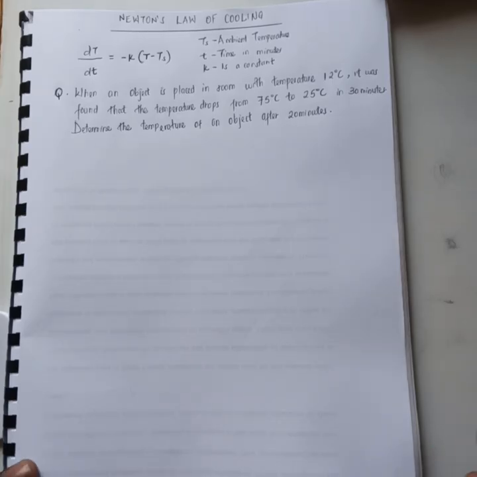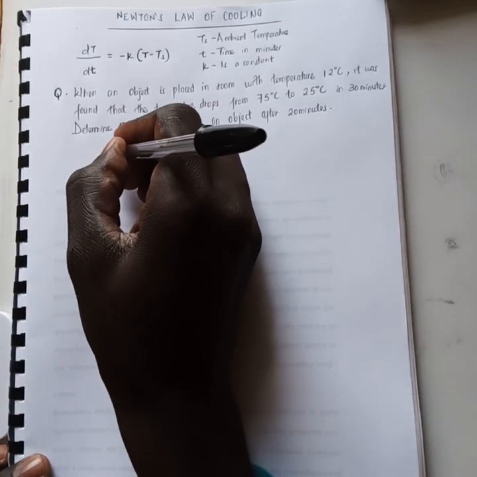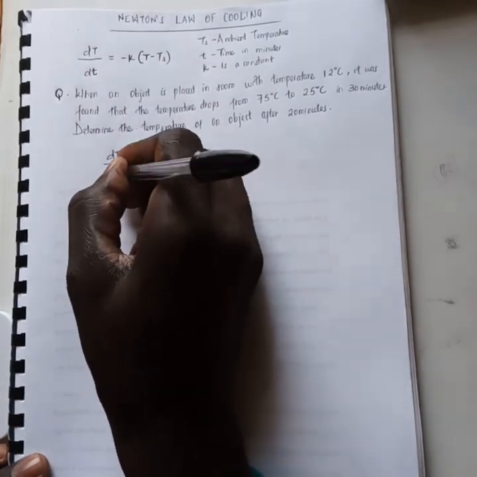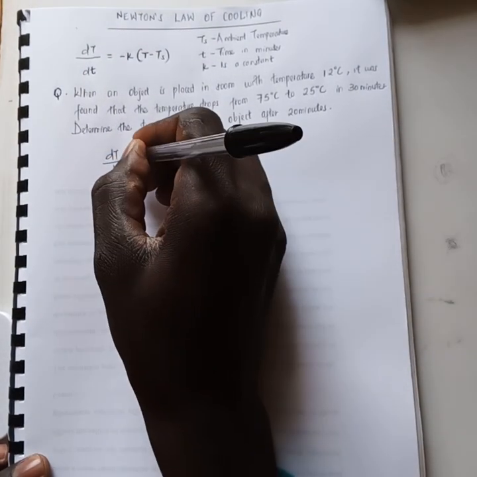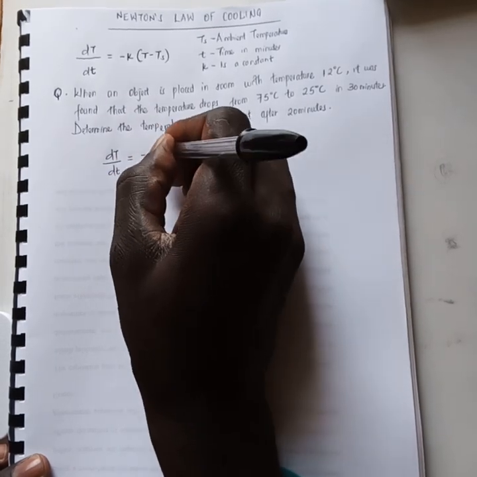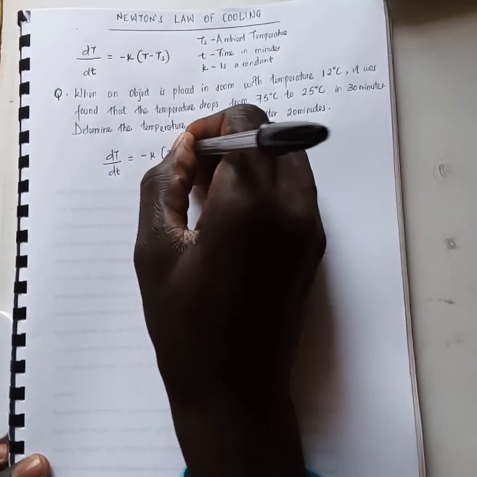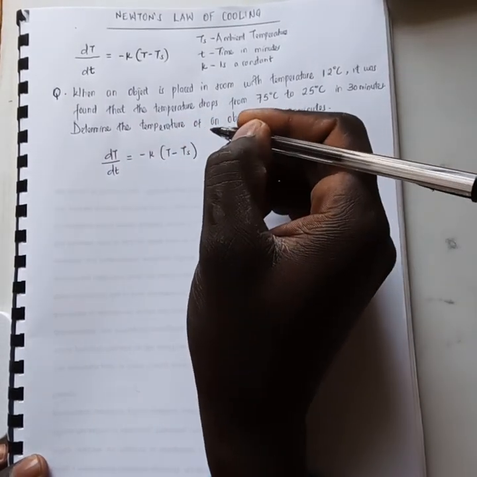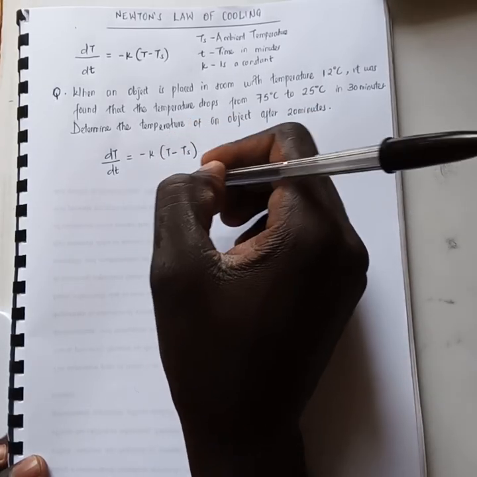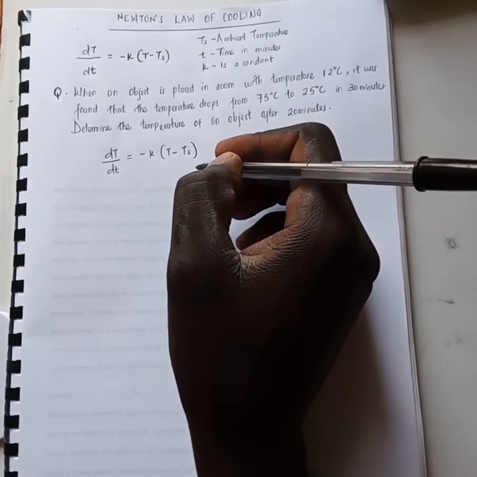We have been given dT/dt equal to negative k times (T minus the ambient temperature). This can be solved using separation of variables.